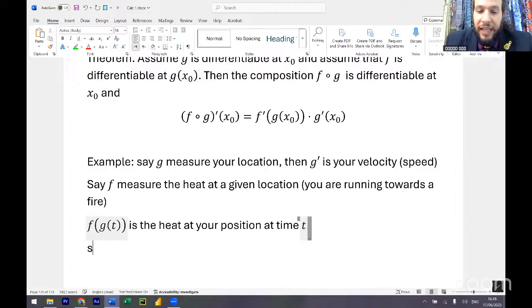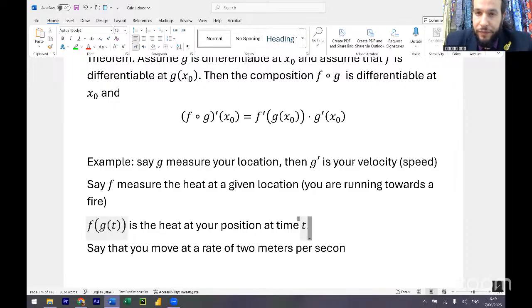Now, say that you move at a rate of 2 meters per second, and say that the heat rises at 3 degrees per meter.